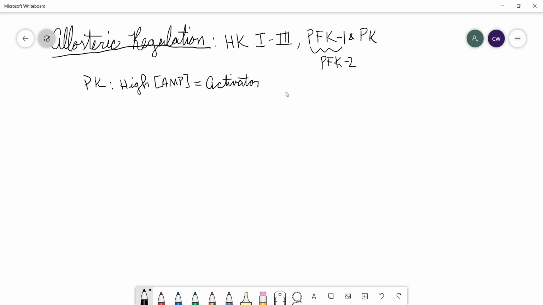So in other words, you can think of activators as kind of like negative inhibitors, where inhibitors will slow the function of an enzyme. Activators will enhance the function of an enzyme. It'll kick it into high gear.